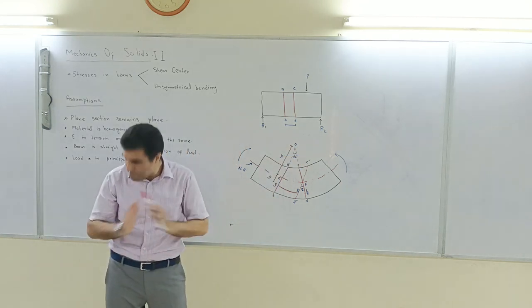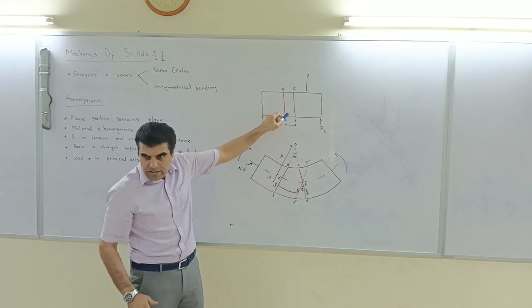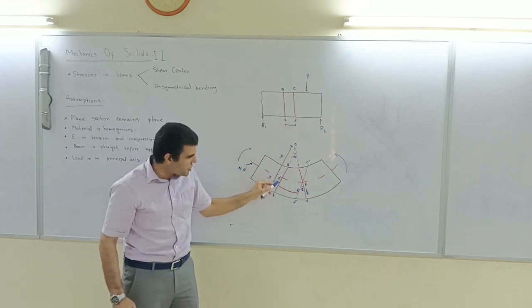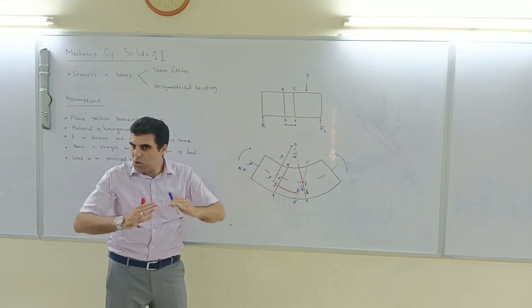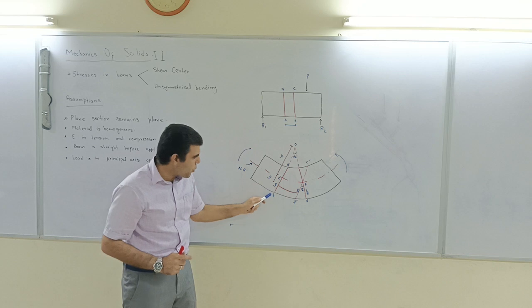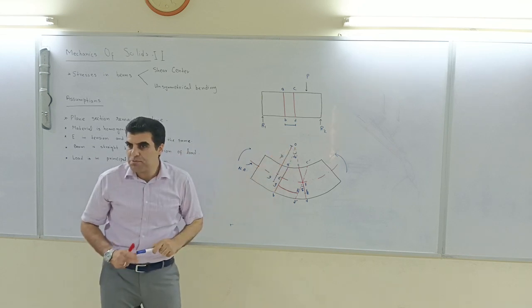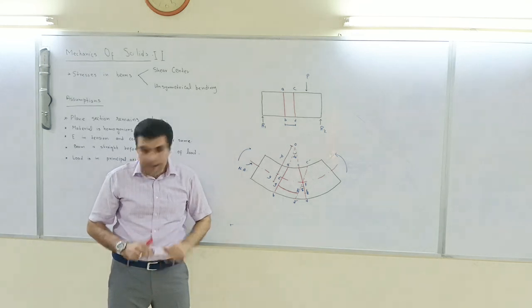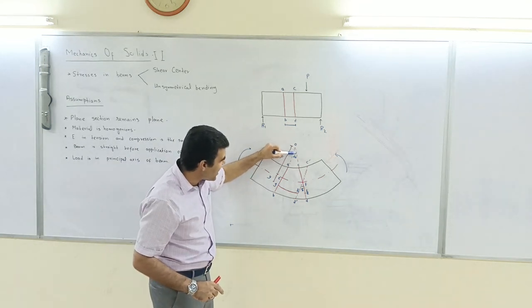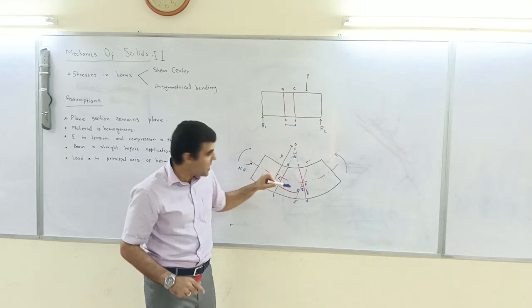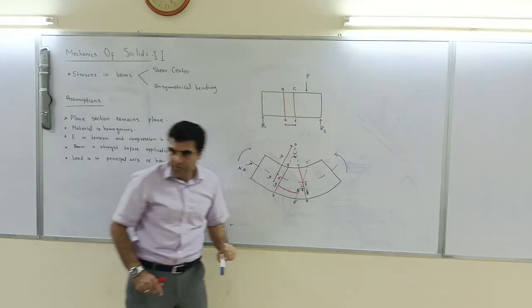They don't remain parallel after the application of the load. Previously they were parallel. After the load, the top comes closer and the bottom goes further. So we can extend these two and make them meet at a certain point O, and we say the angle subtended by these two lines is d theta.